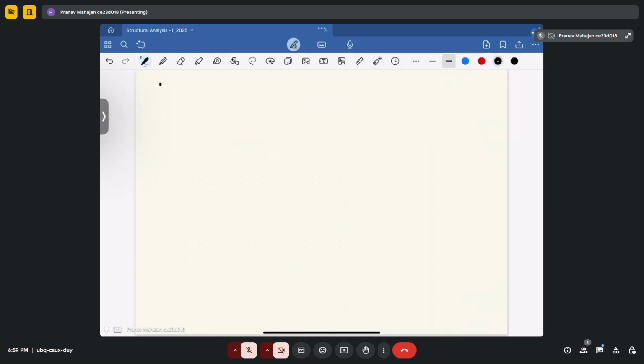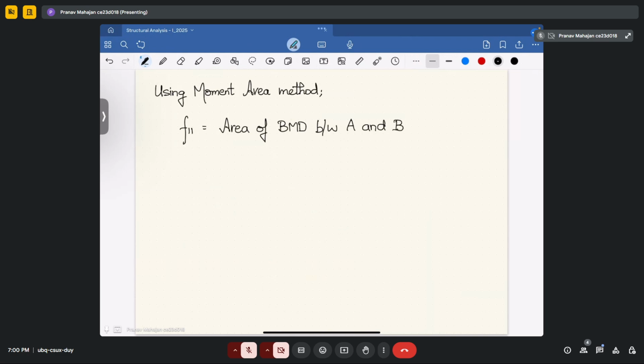So using the moment area method, let me write here: my F11 will become the area of the bending moment diagram between A and B multiplied by the corresponding lever arm with respect to B. Okay, so your F11 now will be equal to the area of the bending moment diagram, which is 1 by 2 into the total length 12 into 6 upon EI.